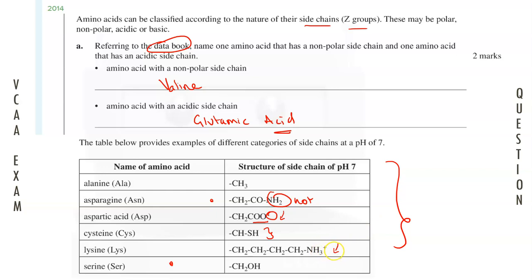So they may not be charged the same way or have the same interactions. When we do that, we disrupt the interactions between the side chains, which destabilizes the shape, and therefore our proteins don't work as effectively.